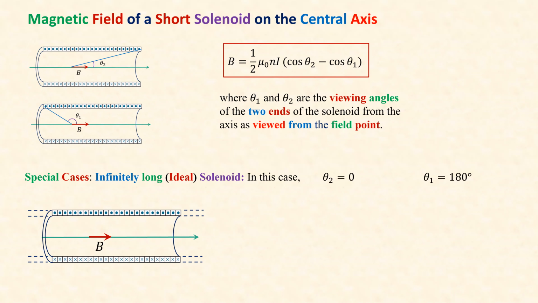Now if you put in cosine of 0 and cosine of 180, cosine of theta 2 is 1 and cosine of theta 1 is minus 1, so it becomes 1 minus minus 1. You get a 2. The 2 cancels, and you get mu naught n i, which is the result that you can find from Ampere's law. As I said, this is in all books. You can find it in any book. But this result I haven't seen in any books.